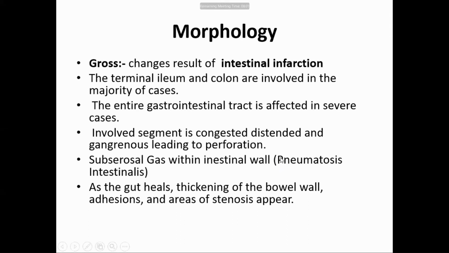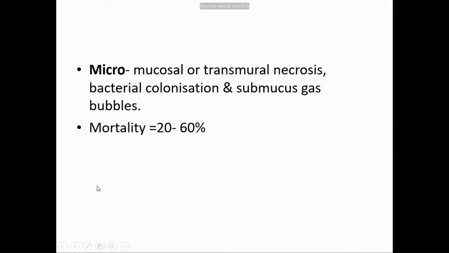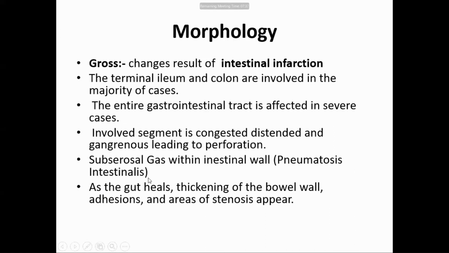This may be asked in the MCQ. This gas in the wall of the gut, in the subserosa, in NEC is produced. That is called pneumatosis intestinalis. Pneumatosis means gas. Intestinalis means the intestine wall. So you should know this. What is pneumatosis intestinalis?